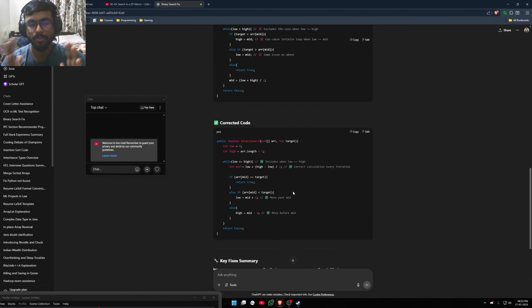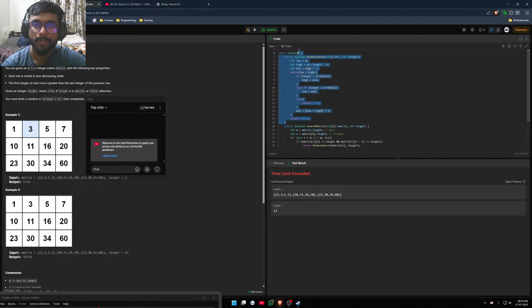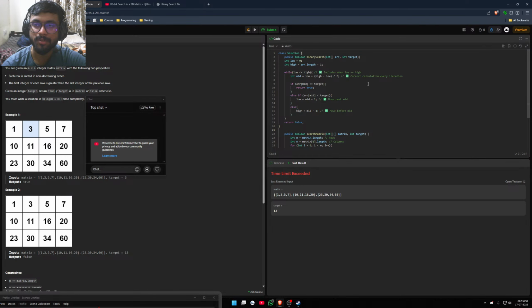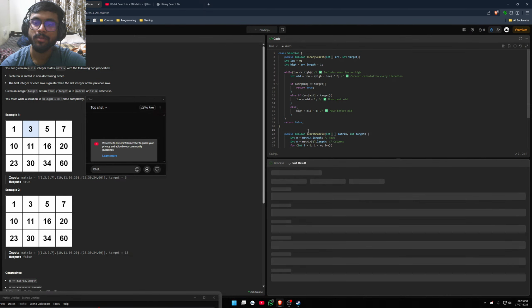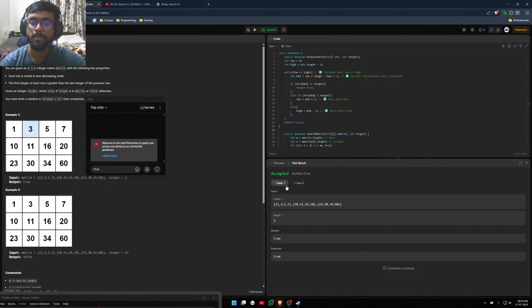So you're moving the pointer one by one like this, side to side. Okay, got it. I think I got it. Next time I'll implement it correctly. Let's see if it works. Yep, it works. Let's submit the code.